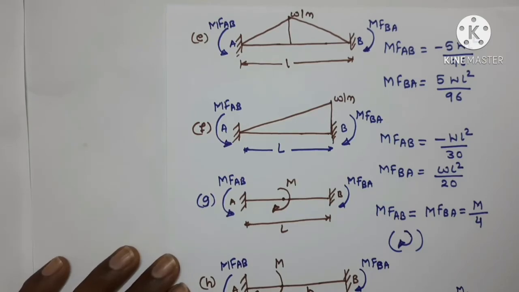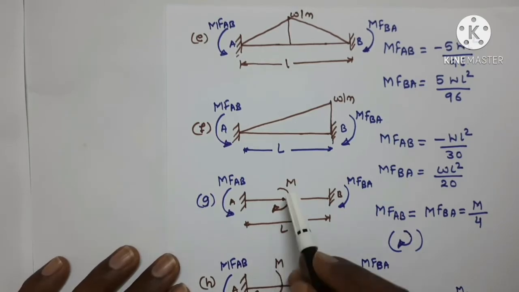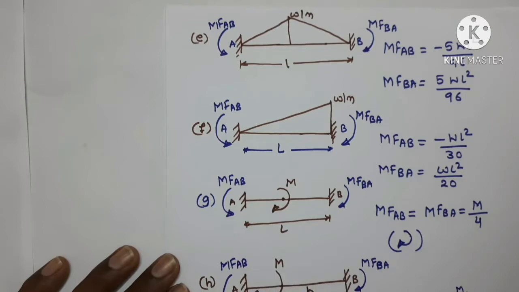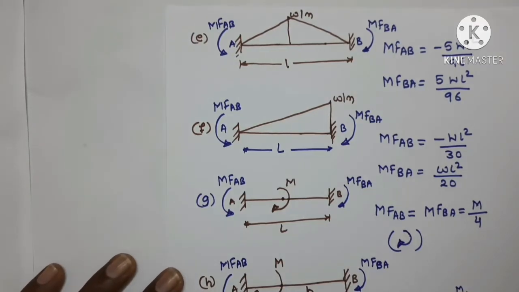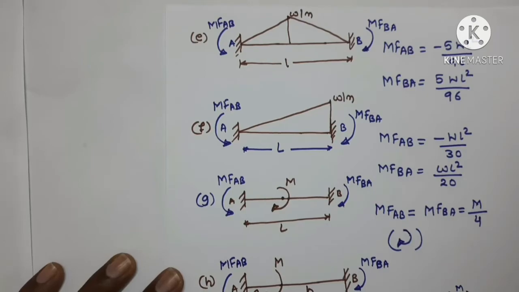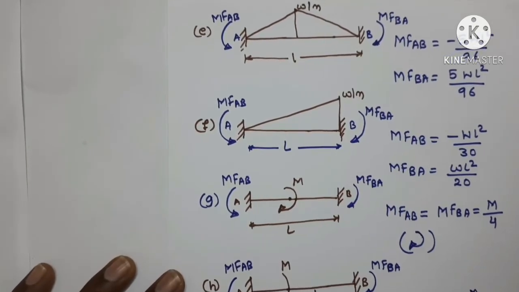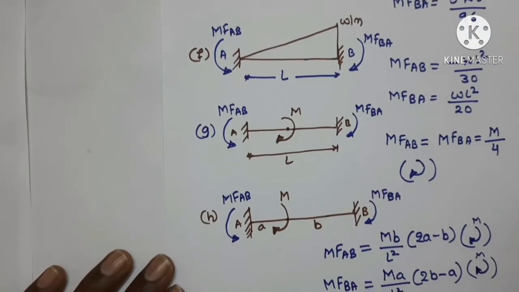Next case will be if the moment is acting at an unequal distance. So for example, A and B, once again. Here also the moment is positive because it is acting clockwise, but the value condition changes. So I will write here, I think it is not visible, so right now it is visible.